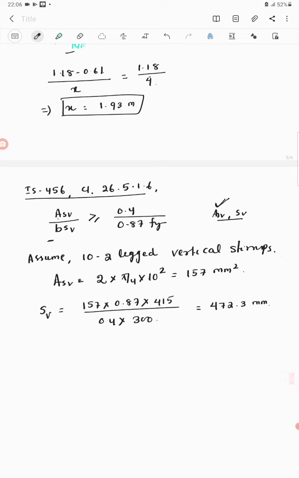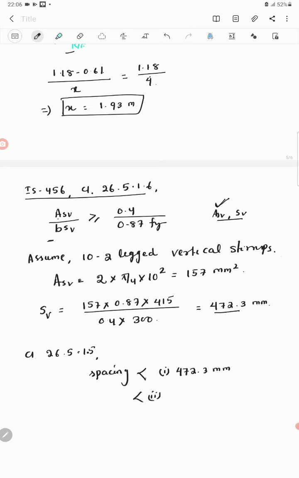Now as per the code, there is some spacing criteria. As per clause number 26.5.1.5, the maximum spacing should not be more than, number 1, what we have calculated from this expression, that is 472.3 mm.